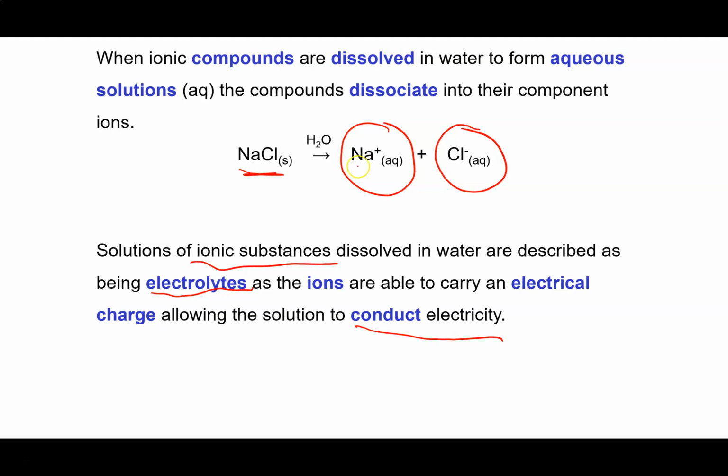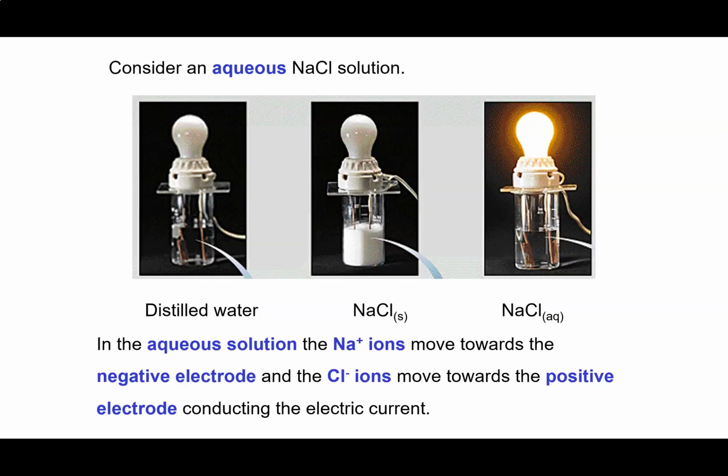And in this case, what our electrically charged particles are our individual anions and cations. So if I take a substance like pure water, the particles that are present are electrically neutral. They are molecules of H2O. So distilled water, pure water, will not conduct electricity.